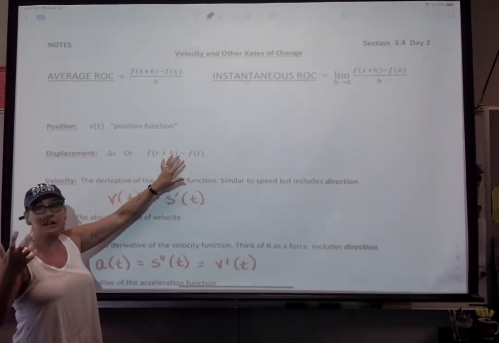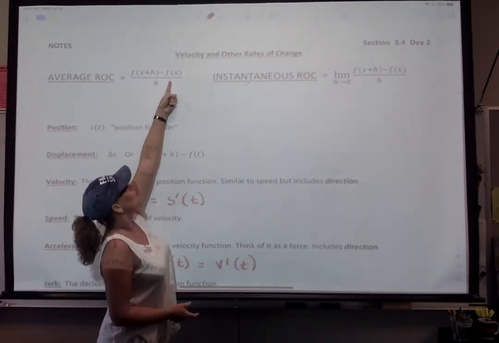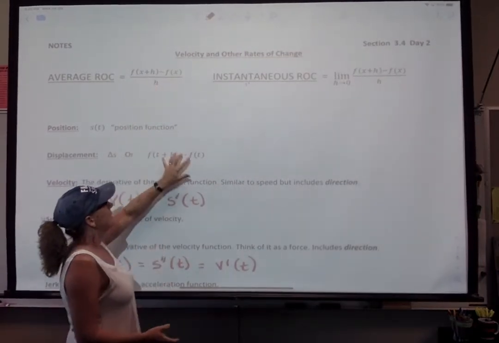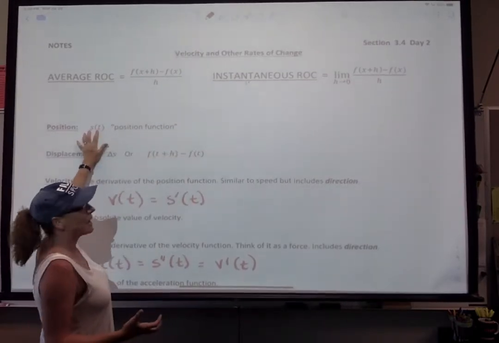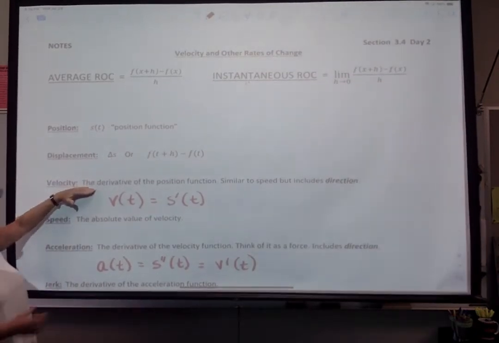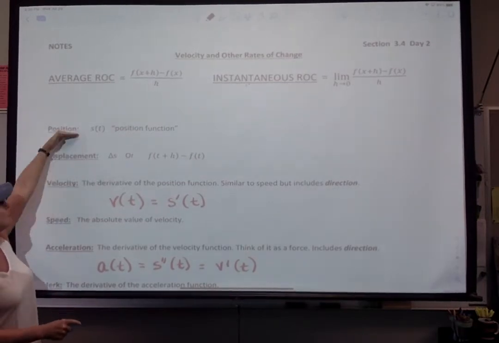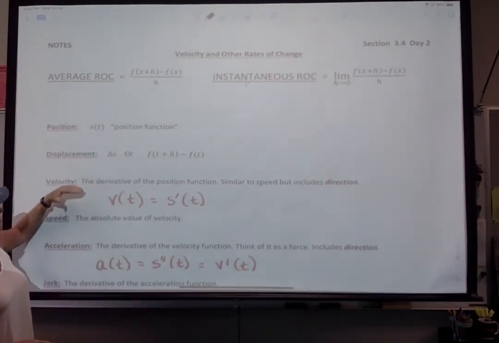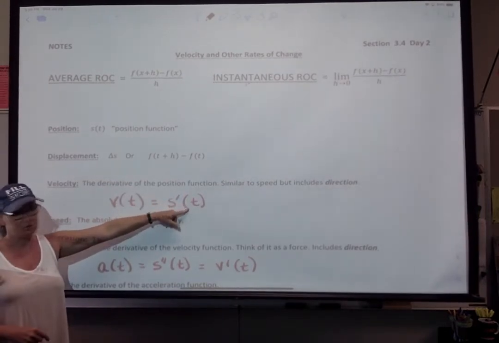So, like in slope, we would be looking at y2 minus y1 over x2 minus x1. This would be the change in my y values, or in this case, the change in my s values. Velocity is going to be the instantaneous rate of change of position. So the velocity is going to be the derivative of the position function.